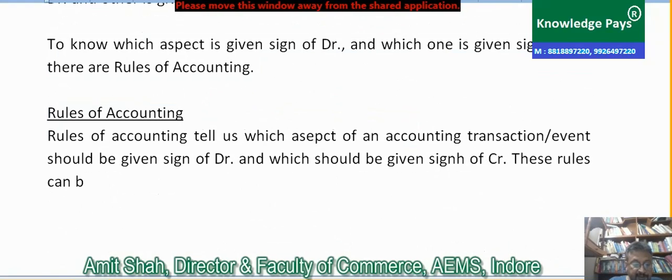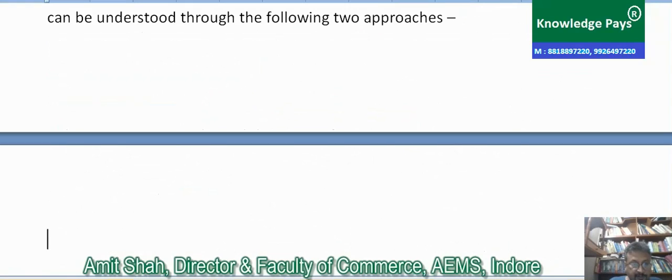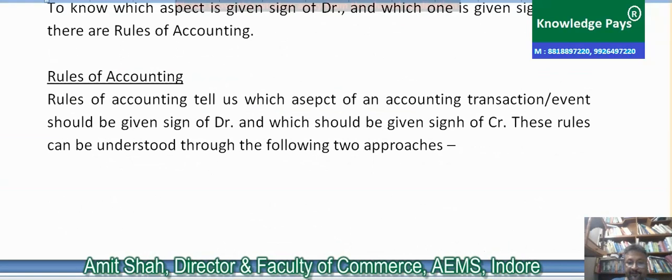These rules can be understood through the following two approaches. So there are two different approaches to understand rules of accounting.